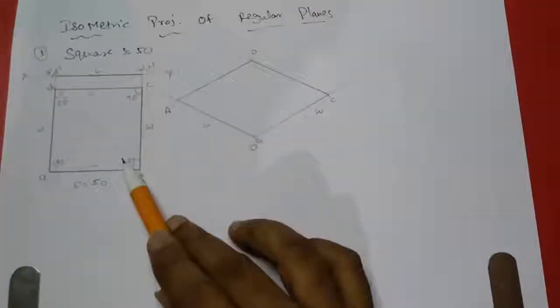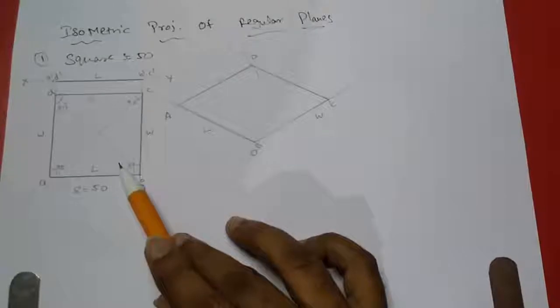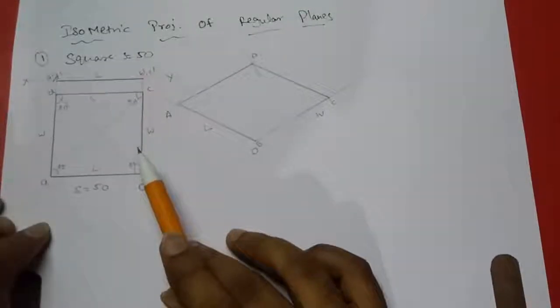So this is the isometric projection of a square plane that is resting on HP.